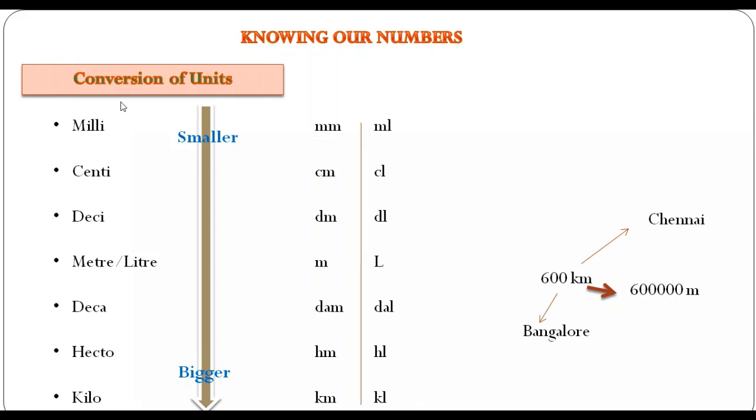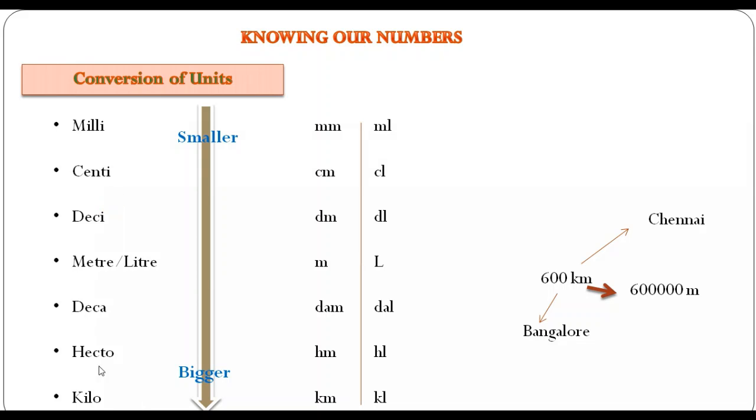So now the question is, what about the conversion? Now, even before conversion, you might ask that how am I going to remember so many units, milli, centi, decimeter, deca, hecto, kilo? So how are you going to remember this series? Now it is very important. Now it is not only important to remember the names, it is also important to remember the order, because this order is very crucial.